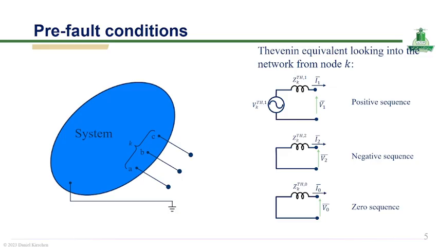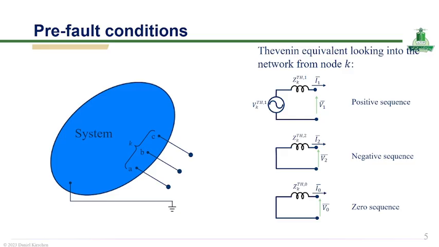These equivalents are divided into three symmetrical components: the positive, negative, and zero sequence networks. The positive sequence network includes a voltage source and impedance representing normal operating conditions, while the negative and zero sequence networks consist only of their respective impedances as they are not active under balanced pre-fault conditions.